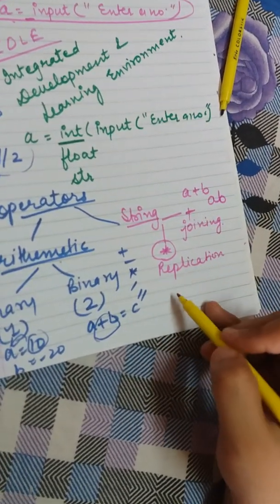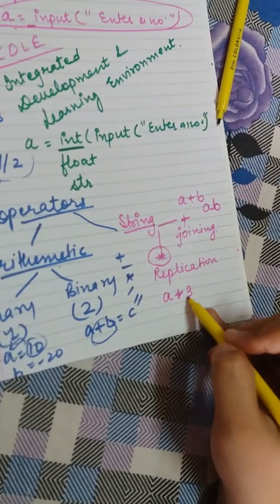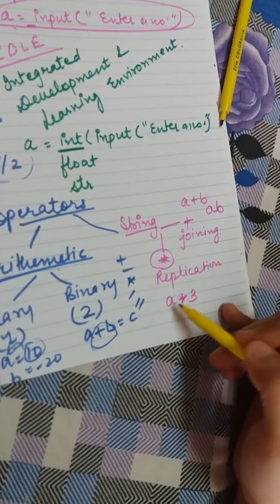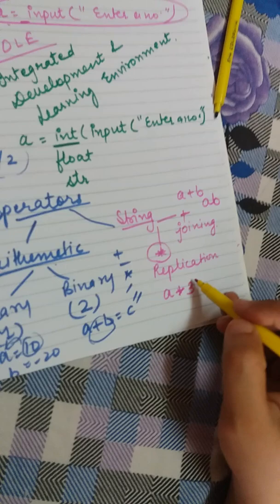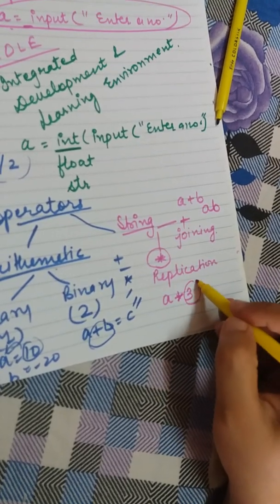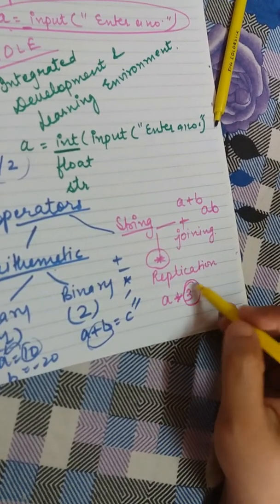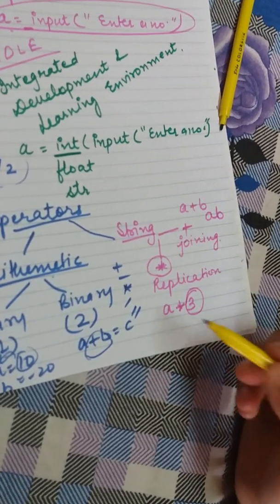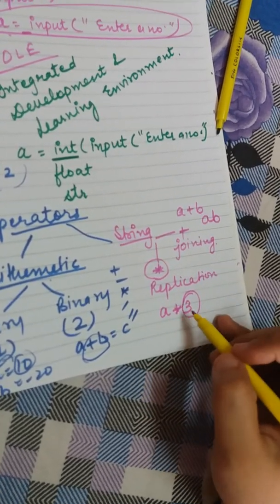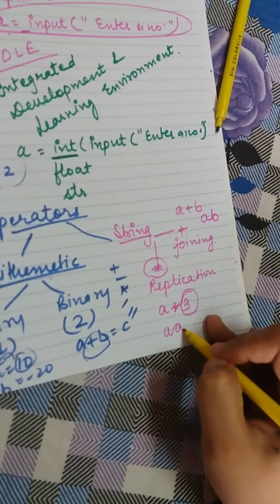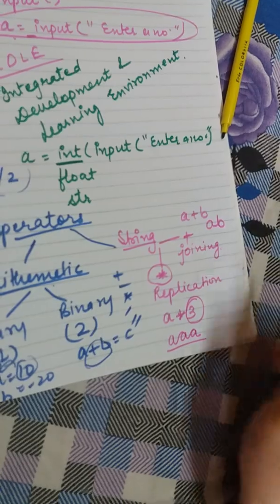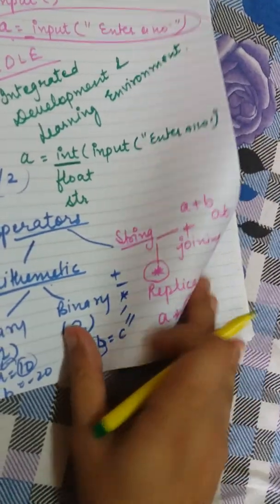And if you are writing a star 3, let me tell you one thing here, that if you have to replicate a particular string, then you have to always multiply it with a numeric value, because this value will determine how many times a particular string is going to be replicated. So a into 3 means a will be replicated 3 times. So this was your string operators.